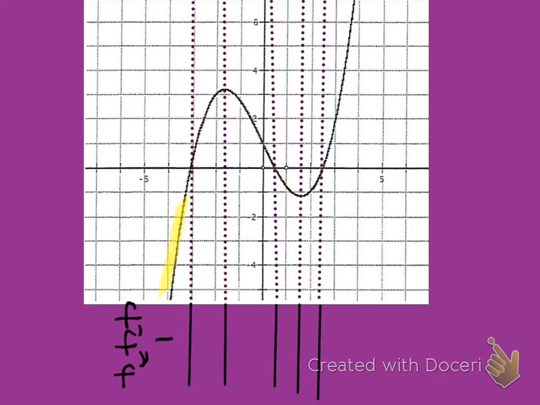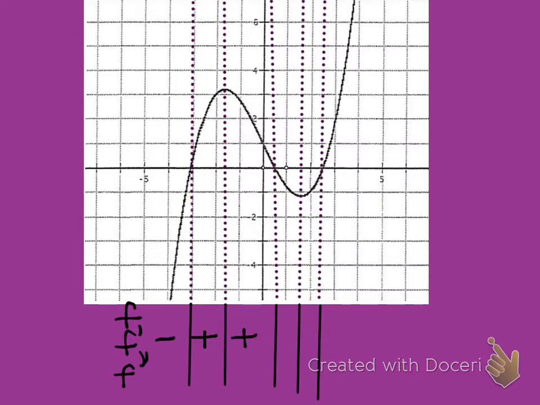So I'm going to put a negative sign right there. Next section, or the second section, I see that this graph is above the x-axis, so it's positive. Third section, it's still above the x-axis, so that part of the graph is still positive.